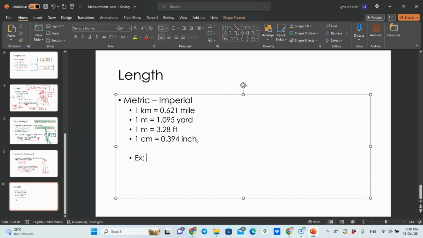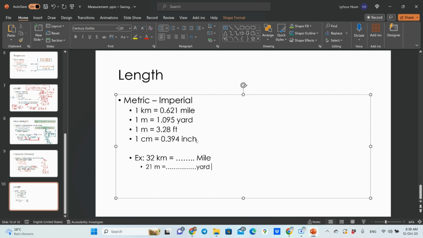Let's convert 32 kilometers to miles. Simple, simple, simple. And 21 meters to yards.